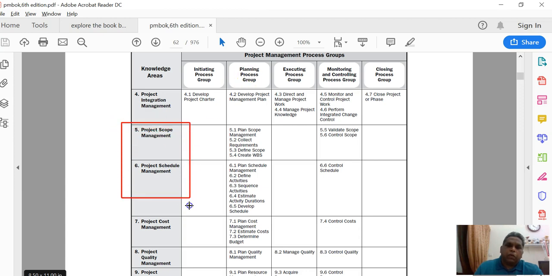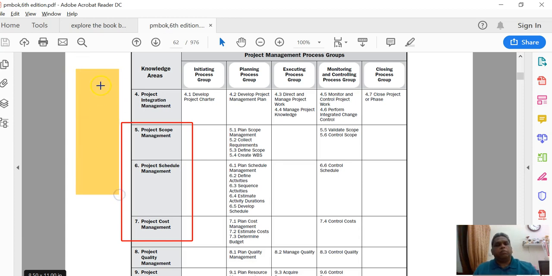The term that PMI uses to represent all of them is a term called project performance baseline. It's very important that we know this term if you are preparing for the exam. Project performance baseline, which is a composition of your scope plus your schedule plus your cost.